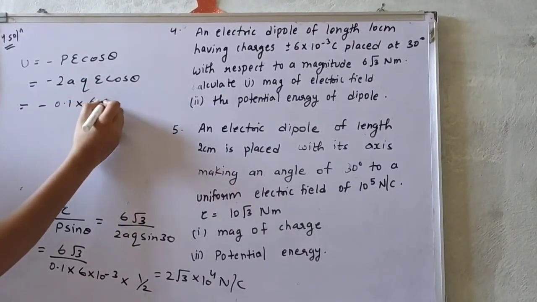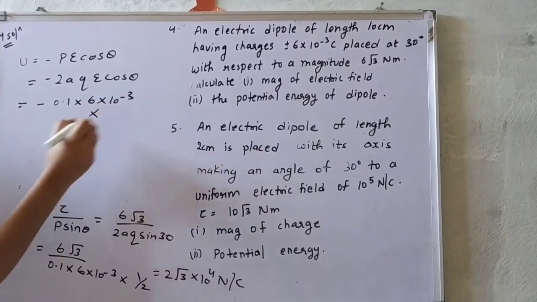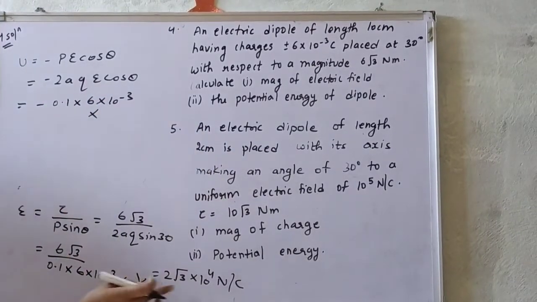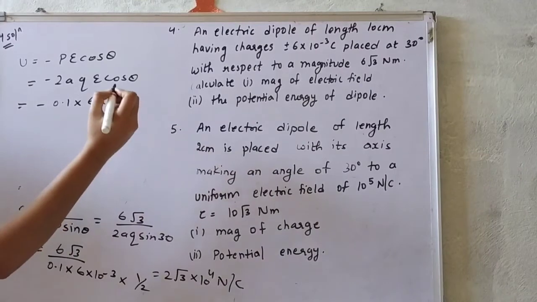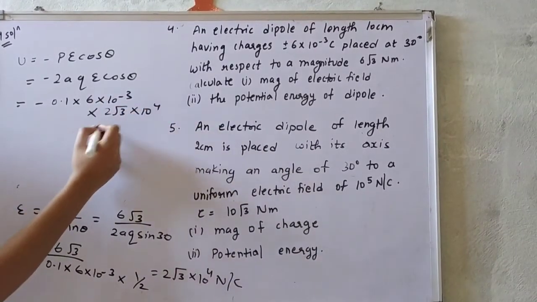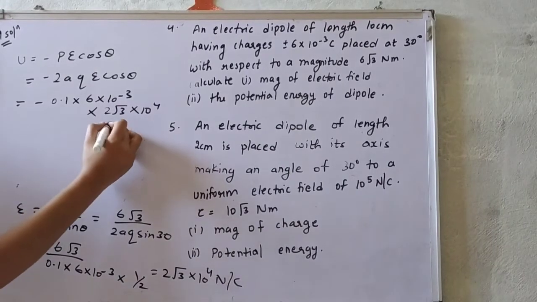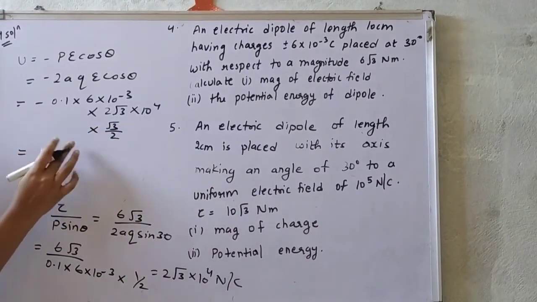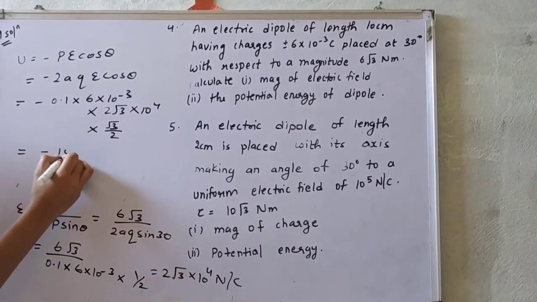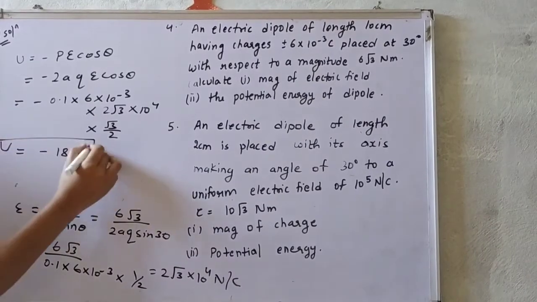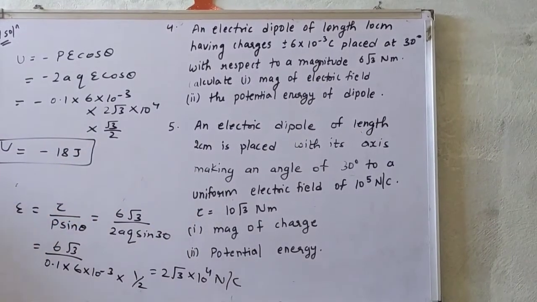The q value is 6 multiplied by 10 raised to power minus 3. E is 2 root 3 multiplied by 10 raised to power 4. And the cos 30 value is root 3 upon 2. When you solve it, you will get the answer minus 18 joule. This is your second part answer.